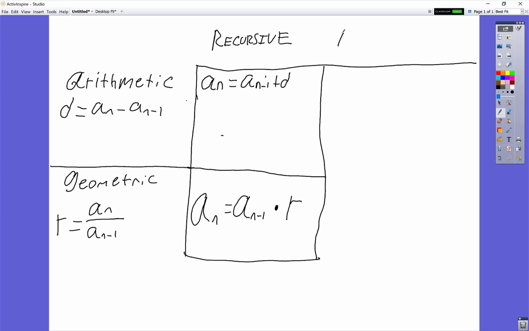Now we have the explicit form. And the explicit form gives you a function where the input is the term number and the output is the sequence value.